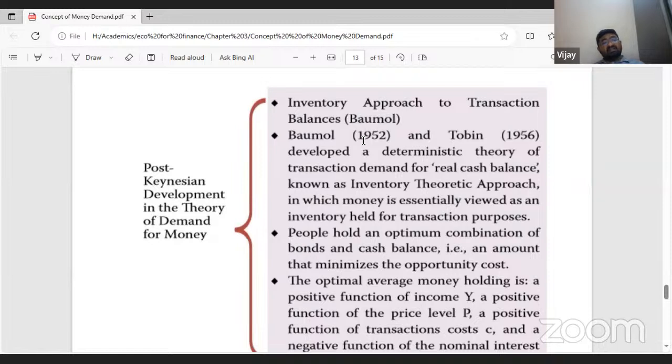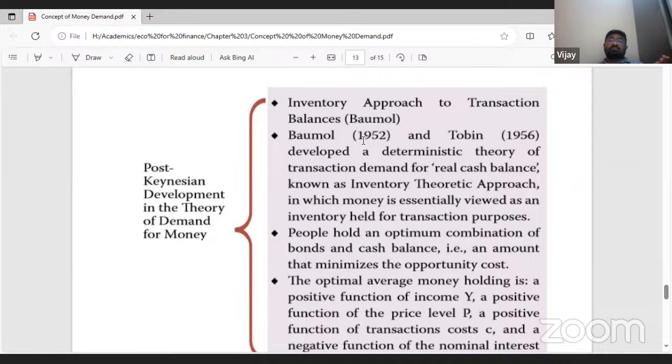So as I said, interest and demand for money will have an inverse relationship. Price and demand for money will have a direct relationship, that is a positive relationship.